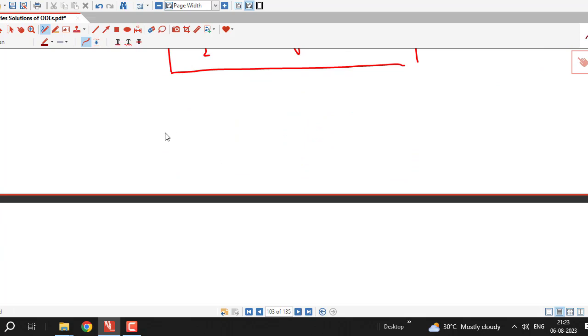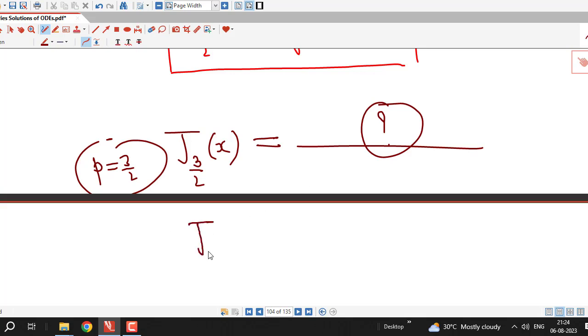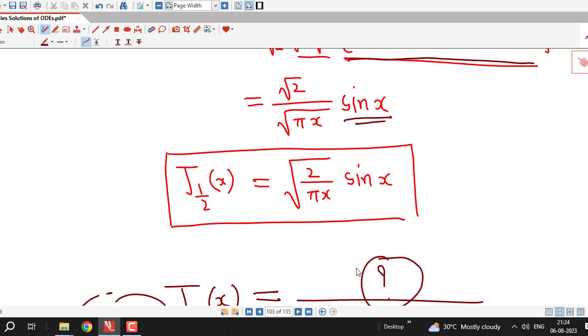So in this way you can write down the formula for Bessel's function of first kind of any order. You can try by taking p equal to 3 by 2 in that formula, and you will obtain the formula for Bessel's function of order 3 by 2. Similarly, you can write Bessel's function of order 0, Bessel's function of order 1, and so on.